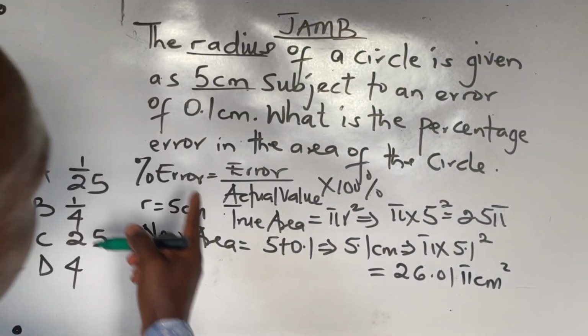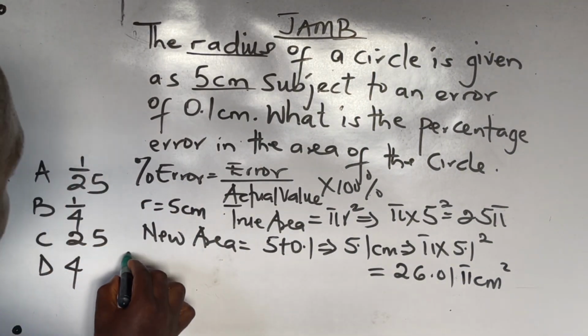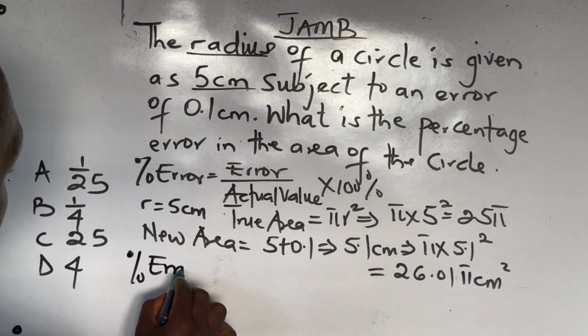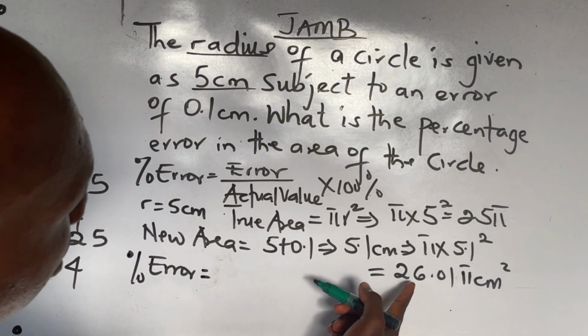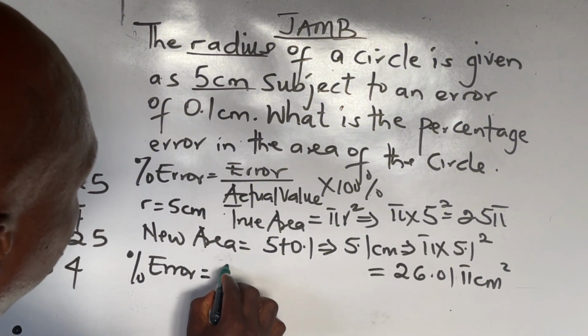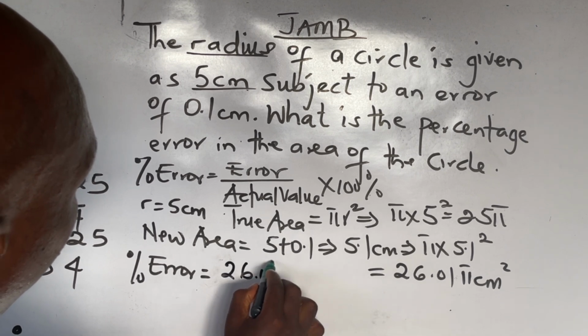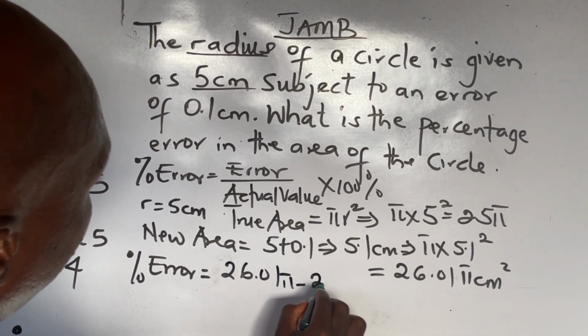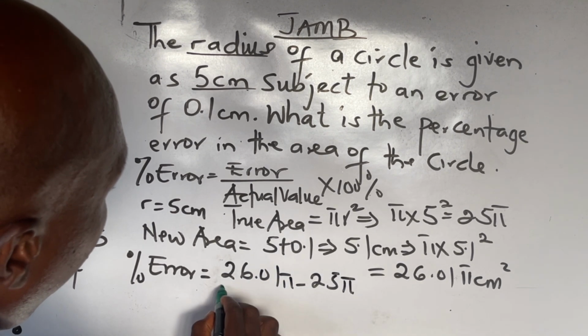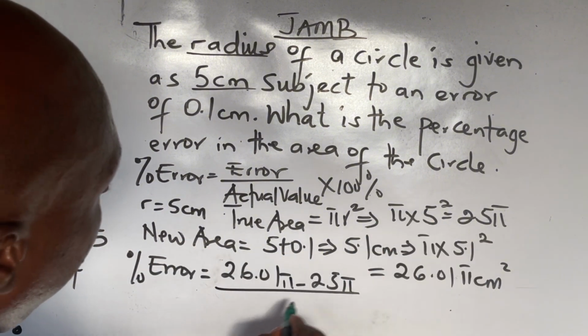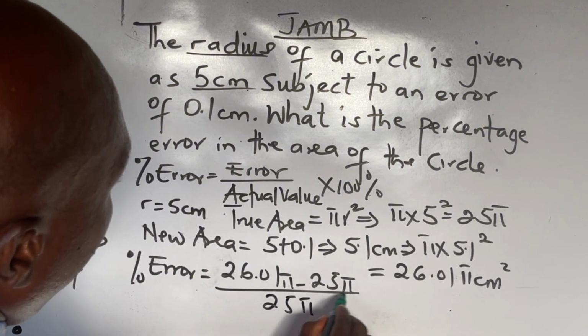So let's get the percentage error. The percentage error will be 26.01 pi minus 25 pi over the actual value, which is 25 pi, times 100.